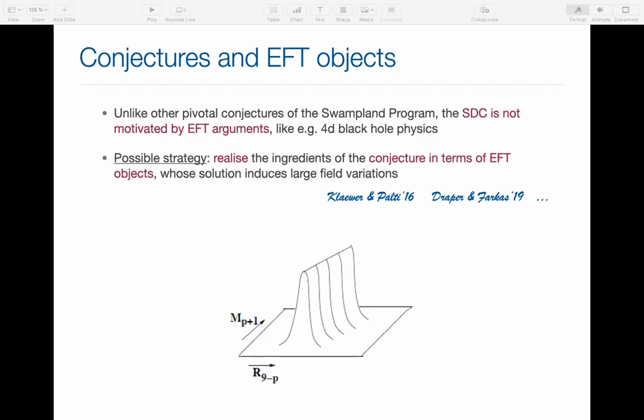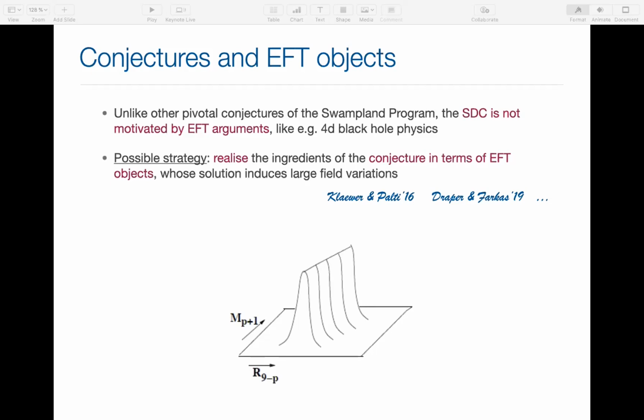Essentially, it is to try to realize this large distance or even infinite distance trajectory in terms of EFT objects. You can have EFT objects that are described by some solution in space-time, and this solution realizes the large distances. So basically the fields flow along the solution. Again, this is not new.